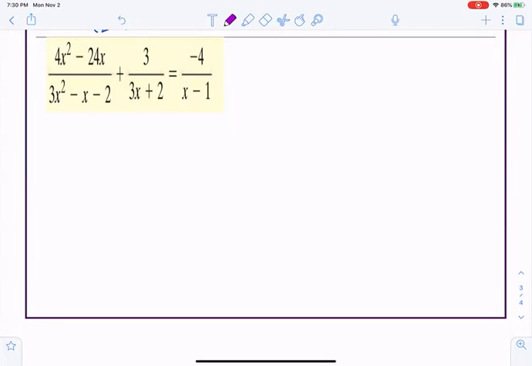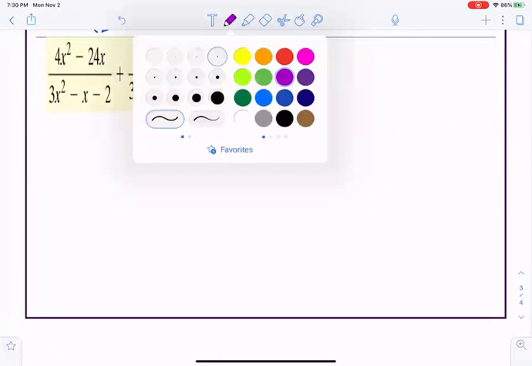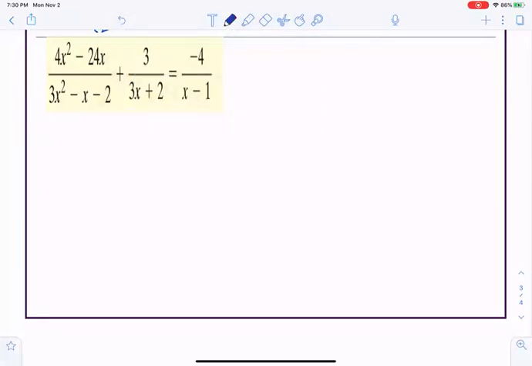So the denominator, the first one, I can factor it and write it as 3x plus 2 times x minus 1.